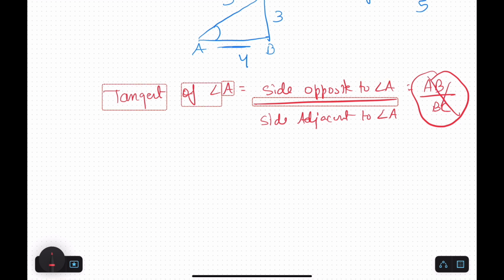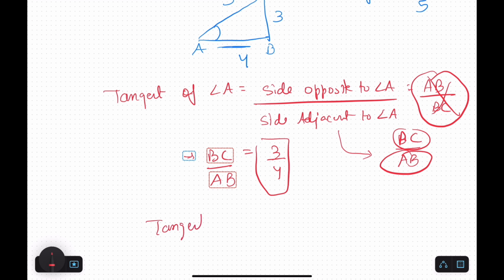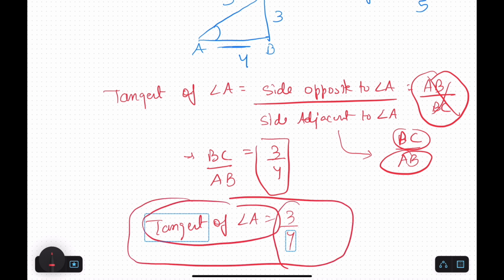Yes, you said it right that this is wrong. This is BC over AB, because BC is the side opposite to angle A, and AB is the side adjacent to angle A. So now what would be the answer? BC upon AB equals 3 by 4. So tangent of A is 3 by 4. The same thing: the angle is giving you the ratio of the sides. So this is what is happening over here.